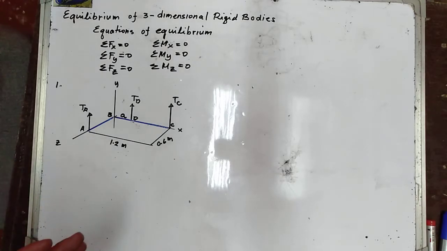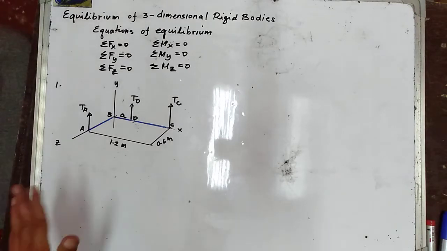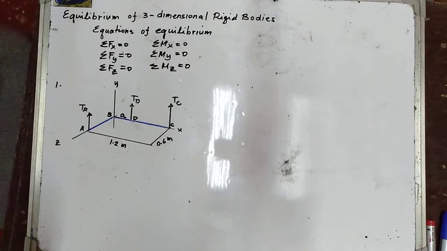The common types of supports and connections used, and their corresponding forces and moments used to represent the action of these supports and connections on the free body diagram, are shown in the handout. Try to look at your handouts regarding the common types of supports and connections.